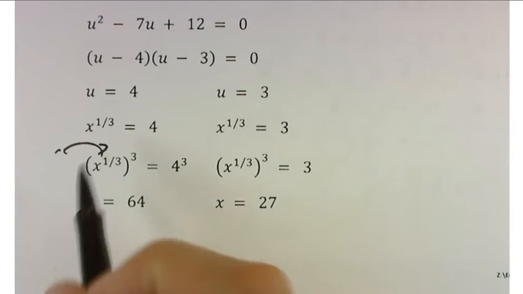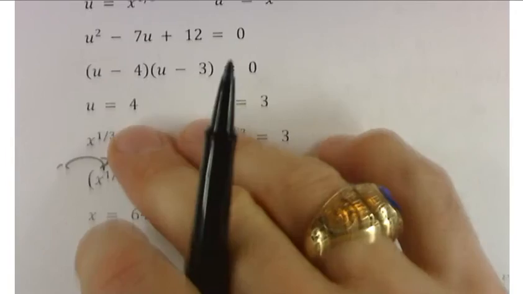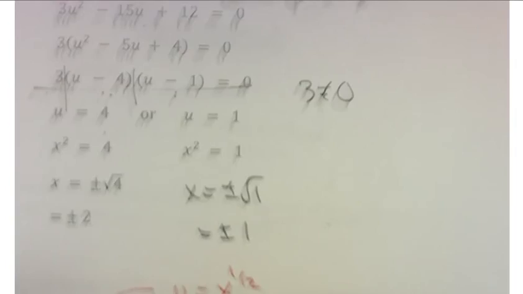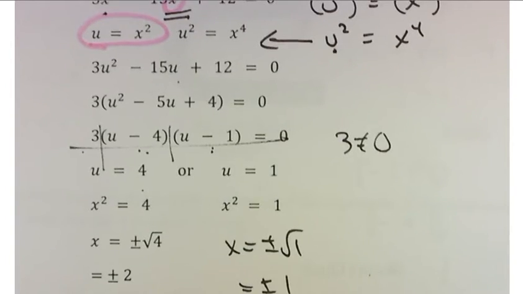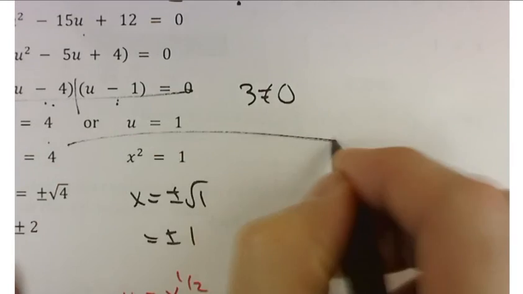So when we cube both sides here, we didn't need to use the plus or minus. But we did use the plus or minus for one of ours, and it was actually problem number 36 that we did on the original handout. Let's take a look at this.